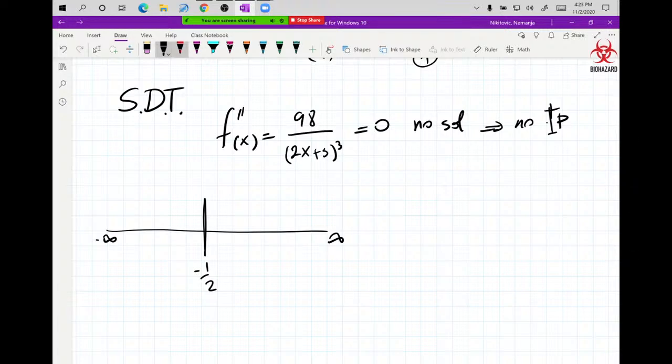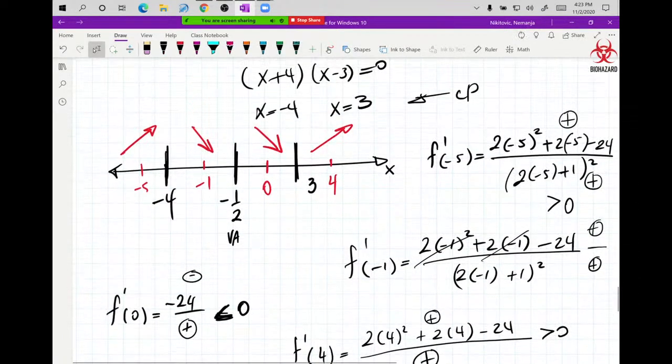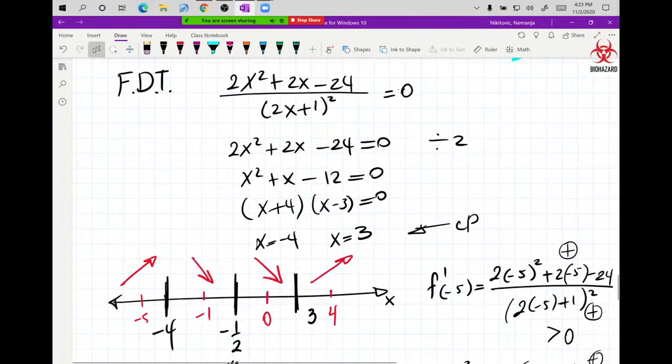So pick two values, clearly -1 and 0, right? That should not be hard to pick. And then we do the second derivative test. So f double prime of -1 is 98 over 2 times -1 plus 3, 2x plus 3? It's 2x plus 1.